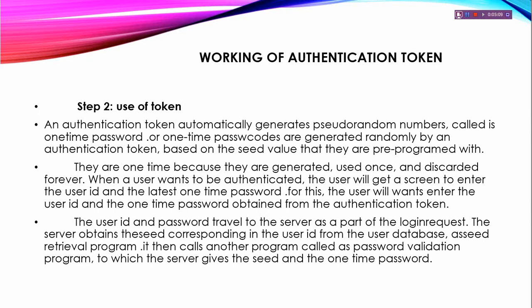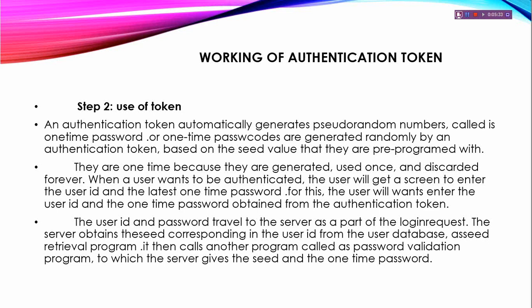Then the next step is use of token. An authentication token automatically generates a random number called one-time password. One-time passcodes are generated randomly by an authentication token based on the seed value that they are pre-programmed with.